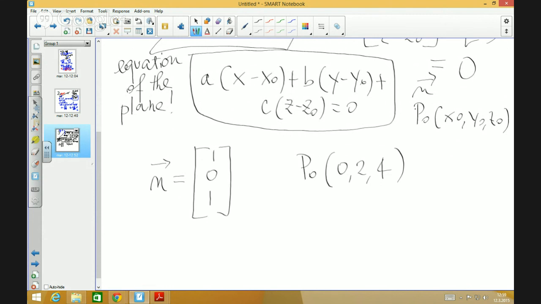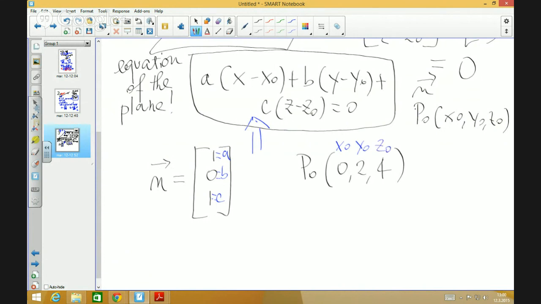Okay, so all we need to do is plug in the coordinates for n and the coordinates for P0 in the formula that you have here. So A is 1, B is 0, and C is 1. And this is our x0, this is our y0, this is our z0.